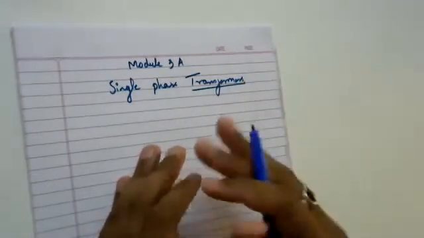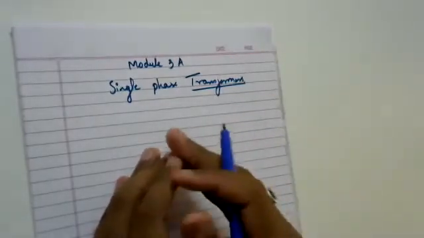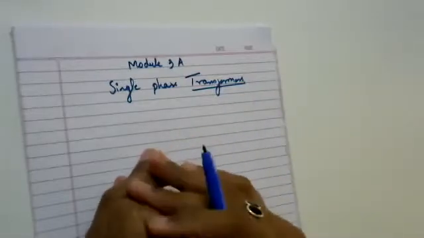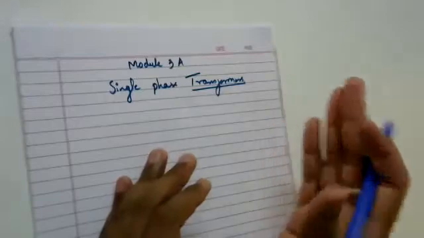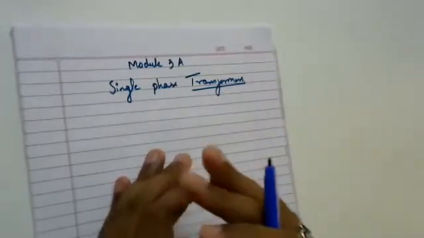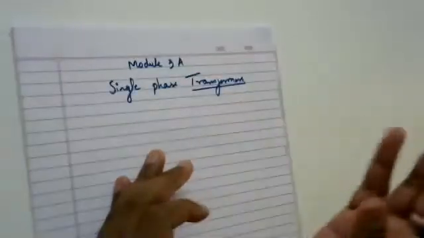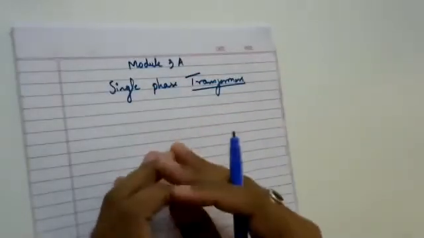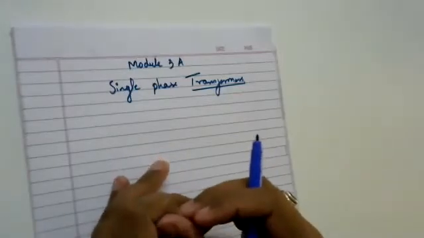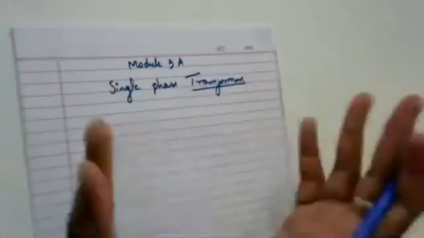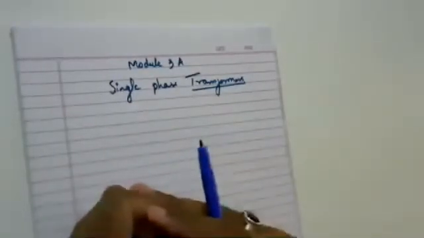If the voltage on the secondary side is greater than that of primary, we call it step up. If the voltage on the secondary side is less than that of primary, we call it step down. And if the voltage of both primary and secondary are the same, then it is an isolation transformer.